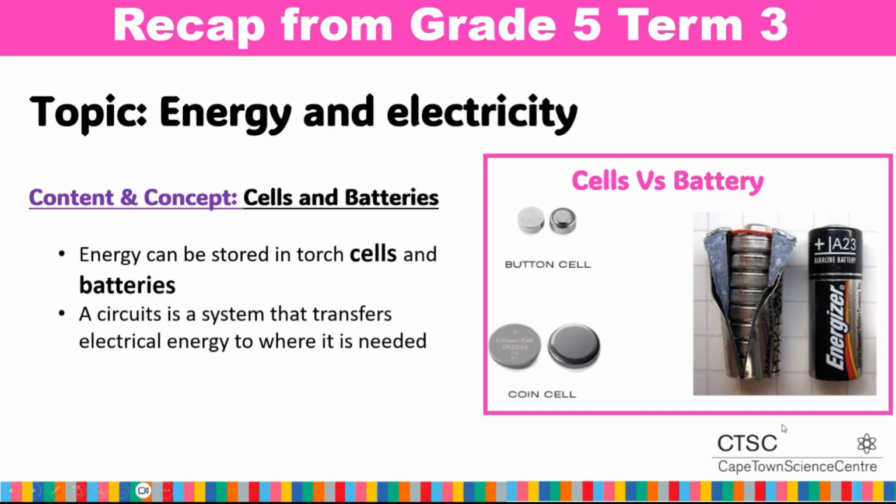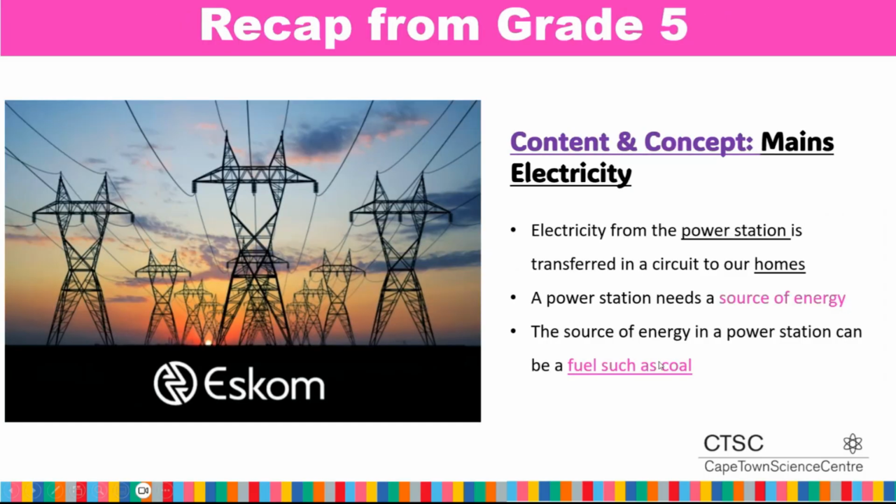So furthermore, in grade 5, you will also touch on topics of mains electricity, kind of touching on the source of electricity. And every time we ask the kids, where does electricity come from? They always say Eskom. So Eskom is just one power station as an example of where electricity is generated, and it is transferred to our homes from the power station.